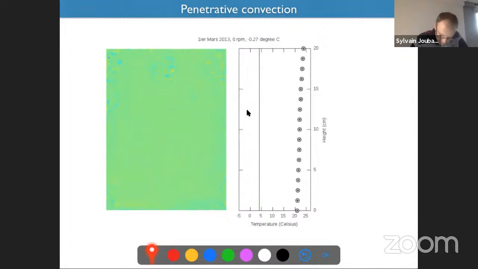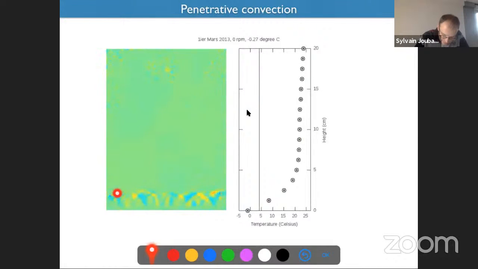So you start, the system is at t equals 0. At the beginning, nothing really interesting is happening. And then you have some temperature that is decreasing because you have a temperature exchange within the fluid.